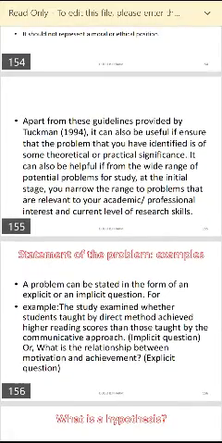Apart from this guideline provided by Tuckman, it can also be useful to ensure that the problem you have identified is of some theoretical or practical significance. It can also be helpful, from the wide range of potential problems at the initial stage, to narrow the range to problems that are relevant to your academic and professional interest and current level of research skills.